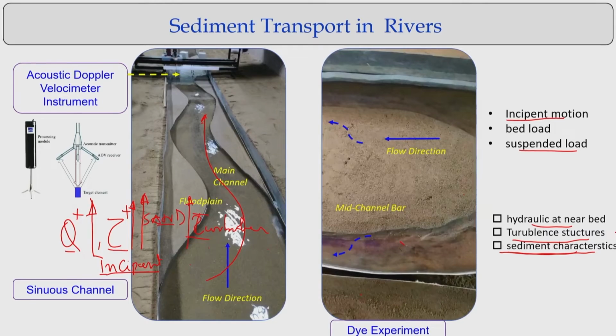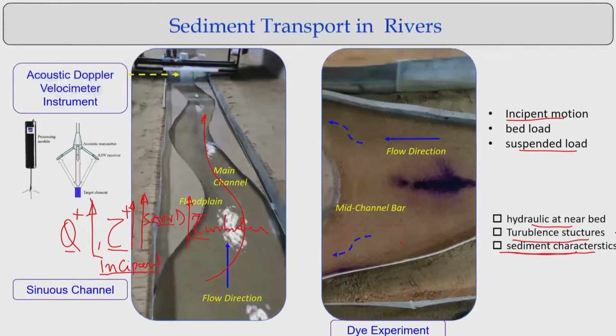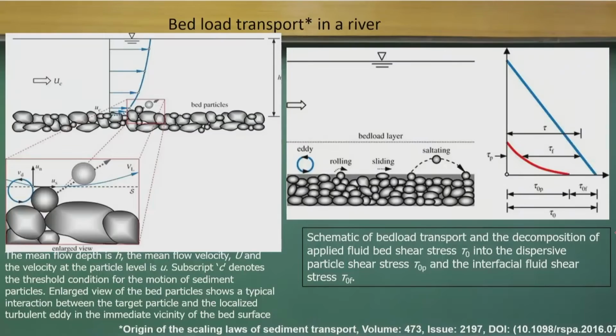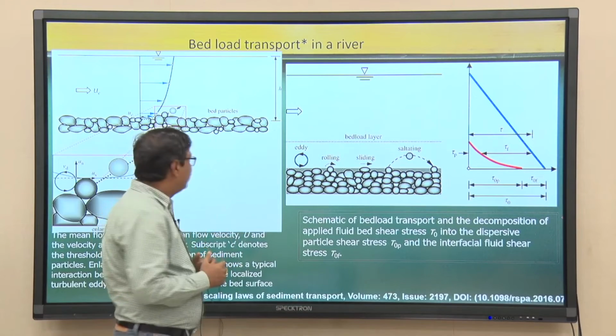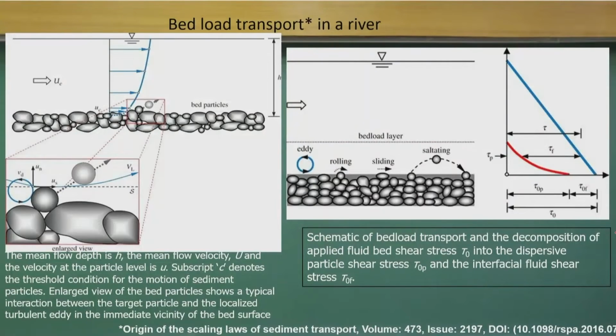Now, if I go to the microscopic level, let capital U_c be the flow velocity coming in, with a flow depth h, and this is the heterogeneous, mixed bed material with bigger and smaller sizes.